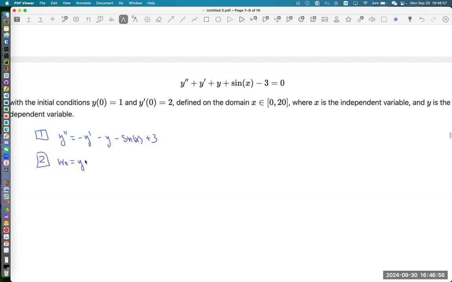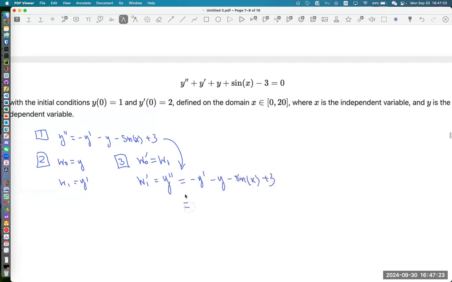W0 is y, and then W1 is y prime. And then we take the derivative of each of those. So W0 prime is y prime, and y prime is W1. And then W1 prime is y double prime, which we get from step 1. So this is minus y prime minus y minus sine of x plus 3.